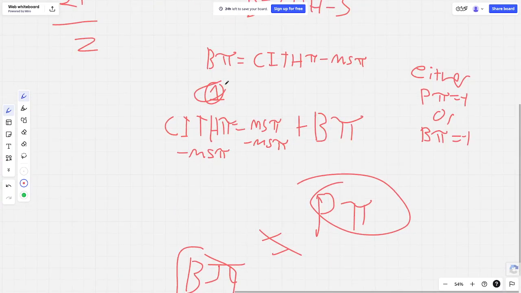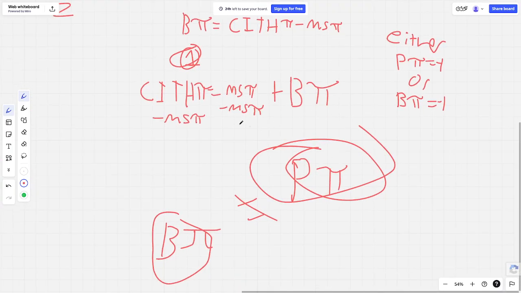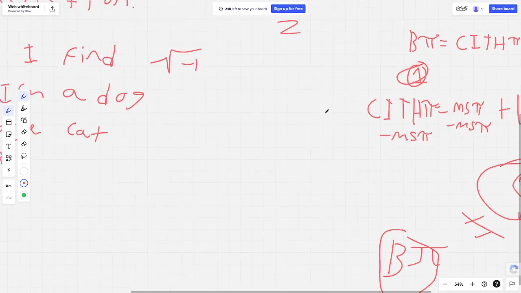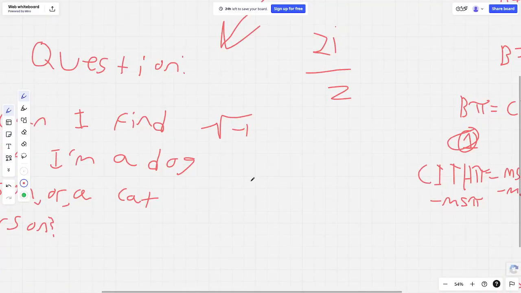If one is 1, then the other one is -1. So either p pi equals -1 or b pi equals -1. So either the square root of p pi equals I, or b pi equals I.